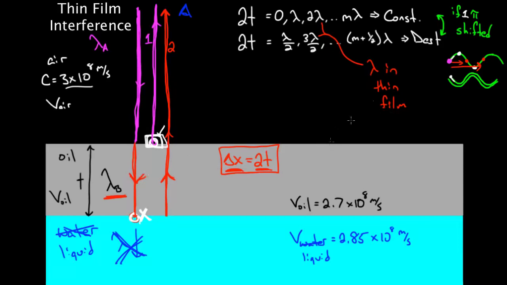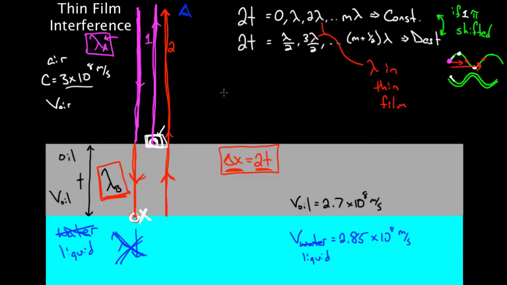Oftentimes, you're not given the wavelength in the thin film, you're given the wavelength in the air, or whatever this material is. So if you know this wavelength, how do you get the wavelength in the oil, or the thin film? Well, it's not too hard. The most straightforward conceptual way to think about it is that frequency doesn't change.